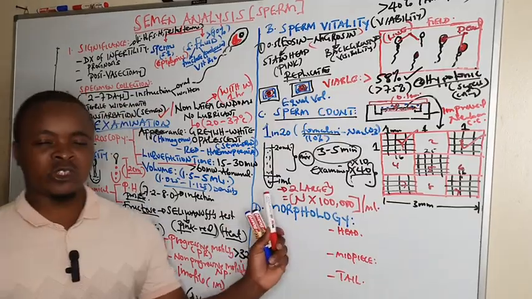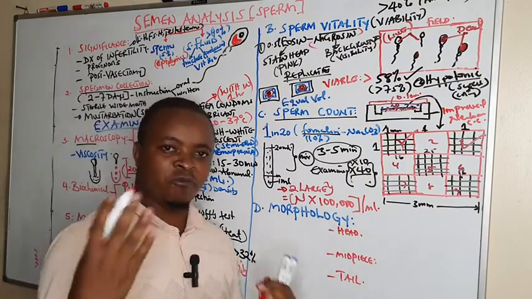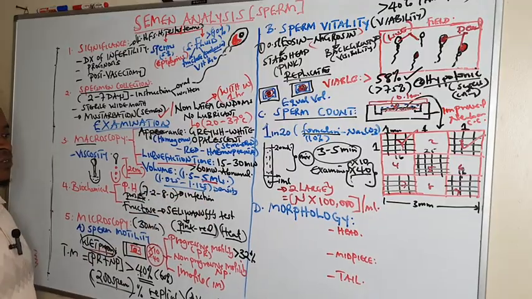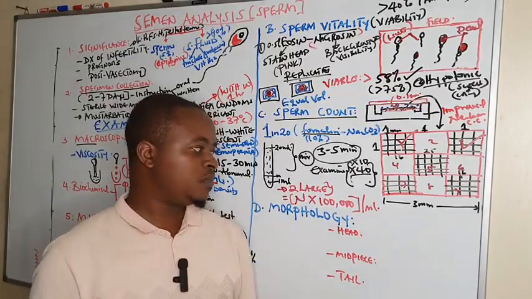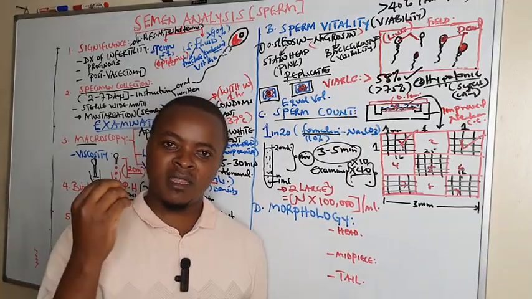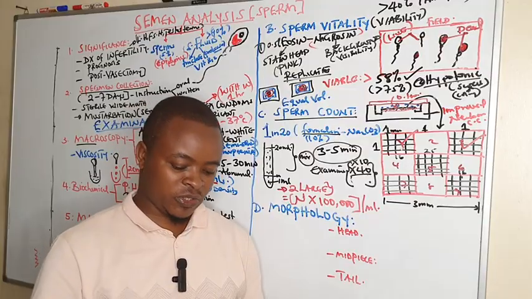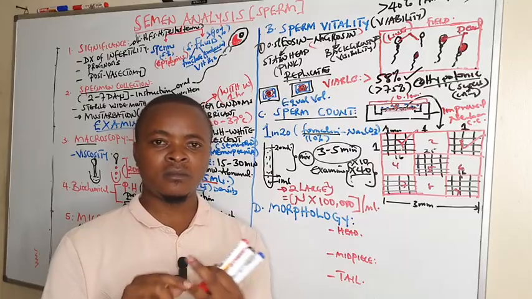This one shall be our sperm count or sperm concentration. Then to get the total sperm count, you take the sperm concentration times the volume in mils which you measured. If you measured 5 mils, you multiply the result here by the volume, which is 5 for our example. So there is a difference between sperm concentration and total sperm count.